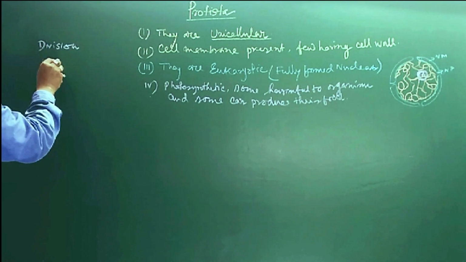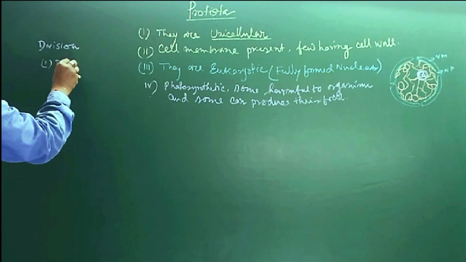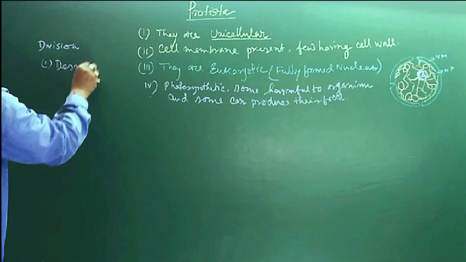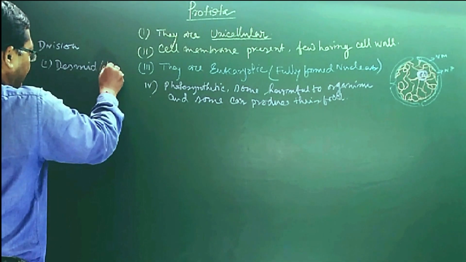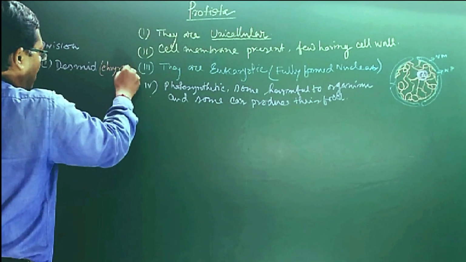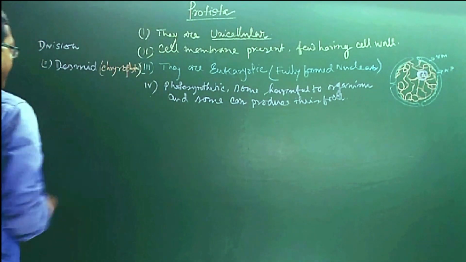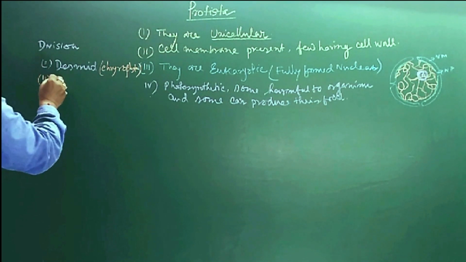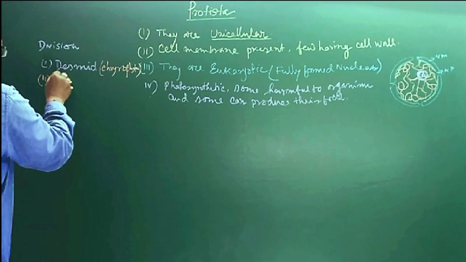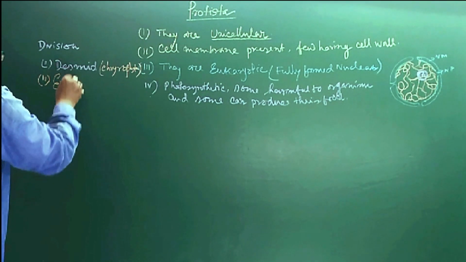The first division is the desmid, or chrysophyta. The second member is euglenophyta.